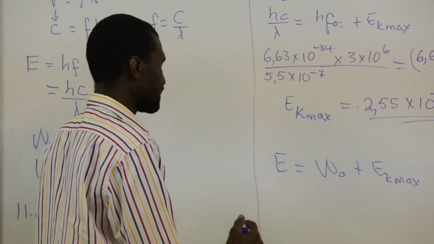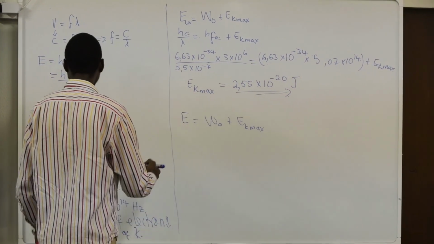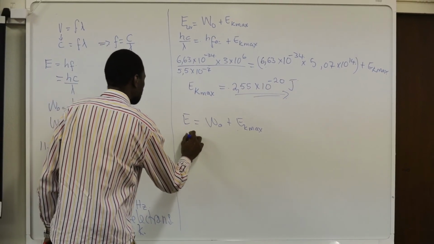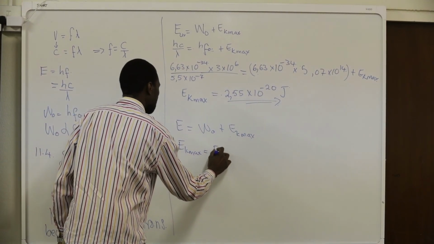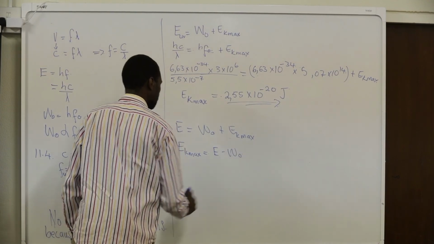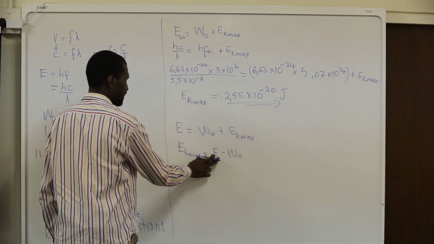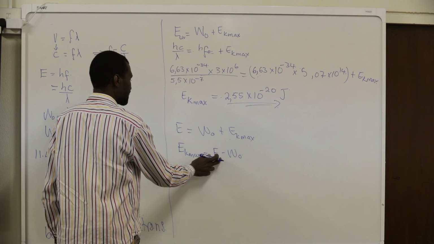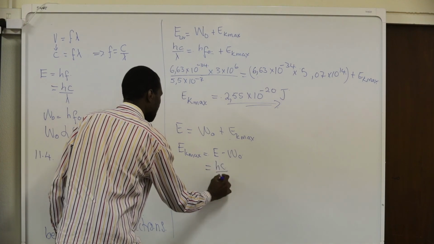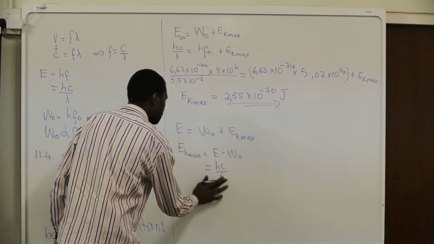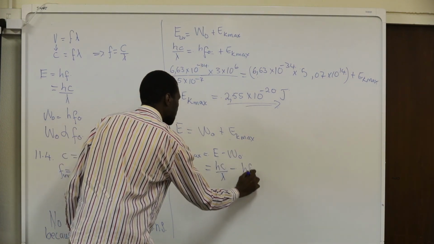The only things that influence the EK max, which we know now is equal to E minus W0, all right, is only the energy of the light source. And that energy is, as we now know, given by h times c over lambda. Okay, so those are the only things, minus h times f0.